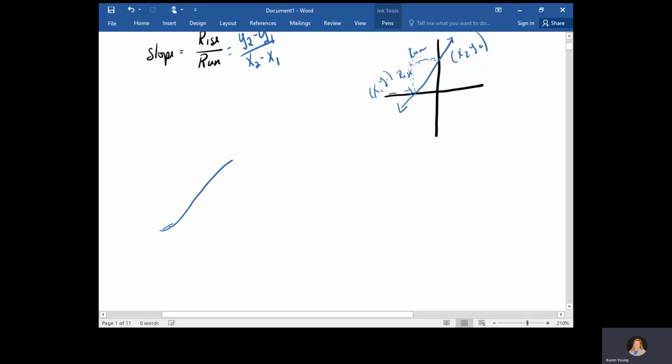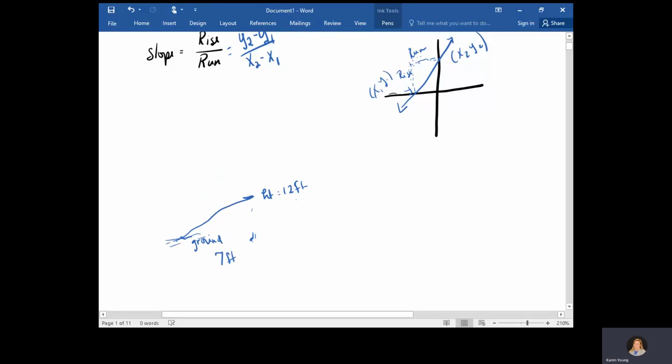If we call this ground level, and this point right here is at a height of, say, 12 feet, and from this point to where that ends is 7 feet.